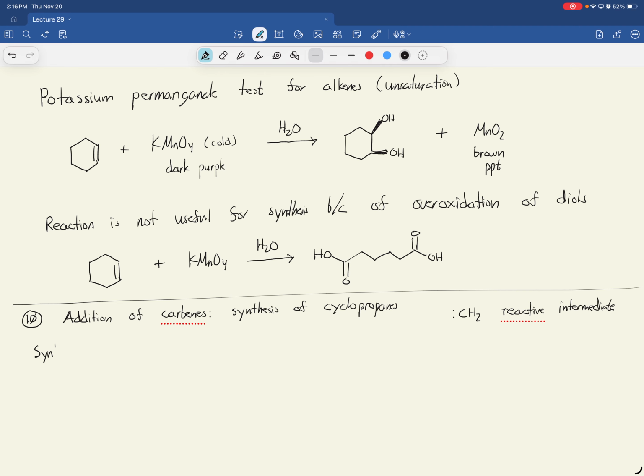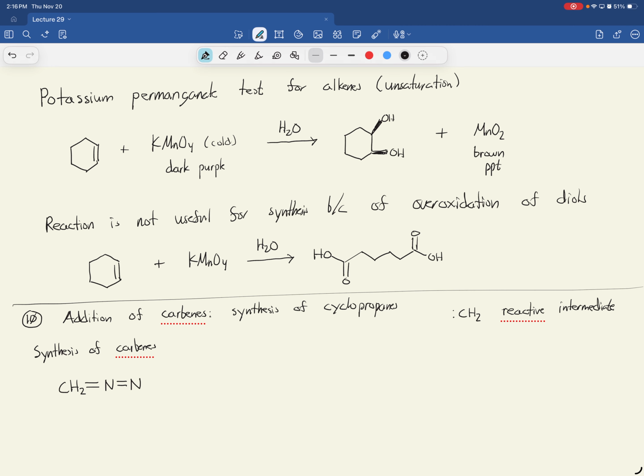So how do we generate carbenes? To generate them is very difficult because it's so reactive. So one way to do it is you have diazomethane, CH2N2. You have this N2 group here.